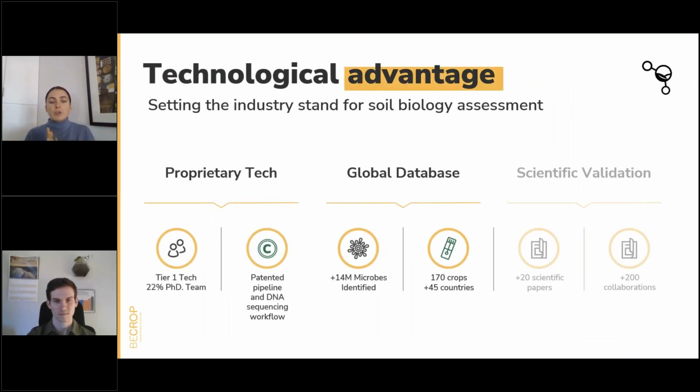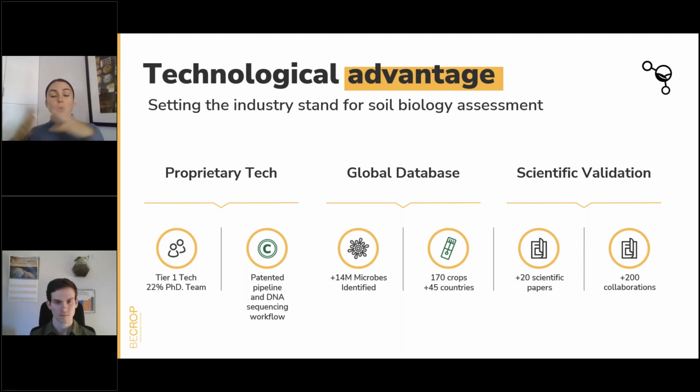And just to go through again, I mentioned our proprietary tech is taking the raw taxonomy reads from the DNA sequencer and turning it into the functional report, which uses artificial intelligence, computer learning, and deep ecological modeling to look at the whole soil ecosystem. We have over 14 million microbes in our database, and at the end of this year, we'll have over 17 million, so every year we're adding millions and millions of microbes to our database.